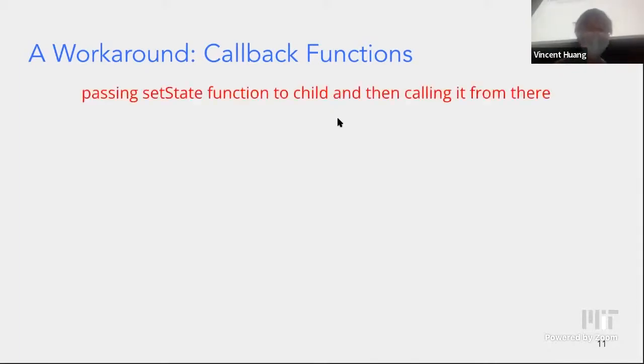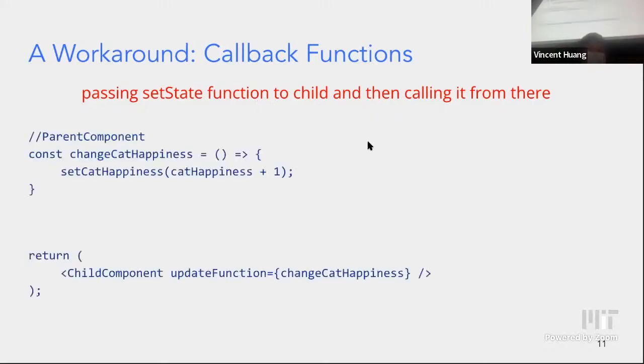Instead of passing the actual state variable from the parent component to the child component, we will pass a function which updates the state. Here we have a parent component and a cat happiness variable, and we define a function such that every time this change cat happiness function is run, it will set the cat happiness state to be whatever it currently is plus 1.